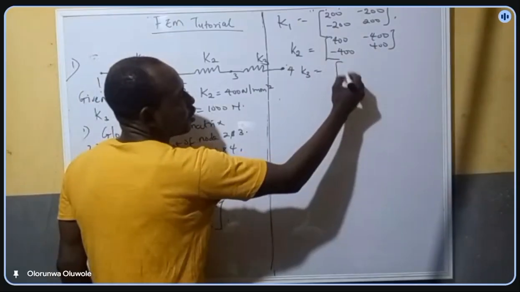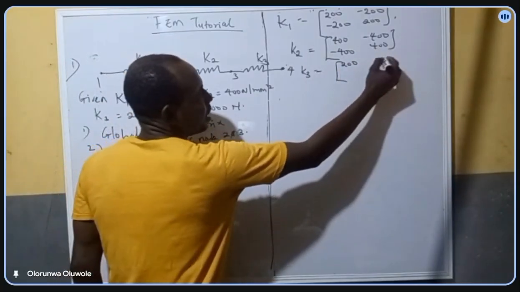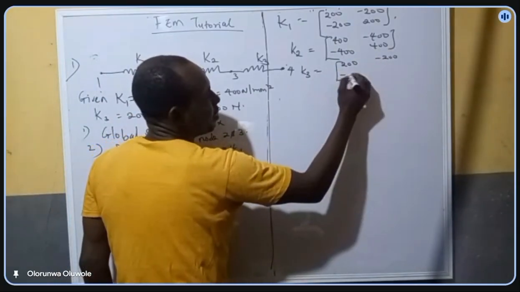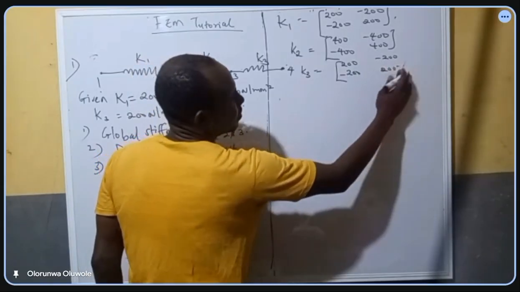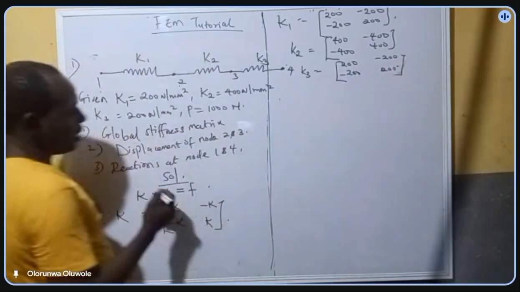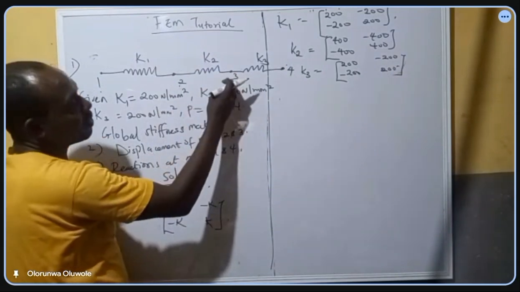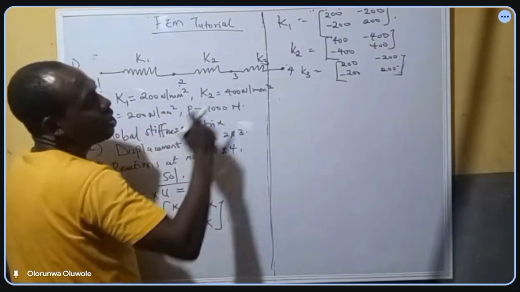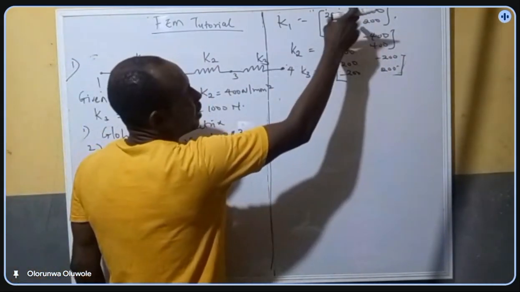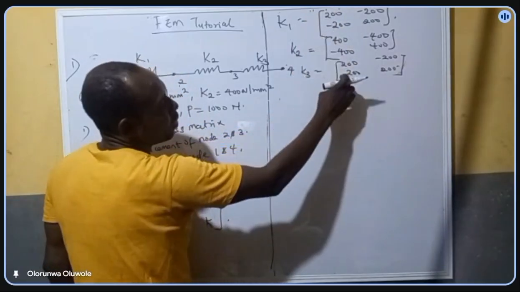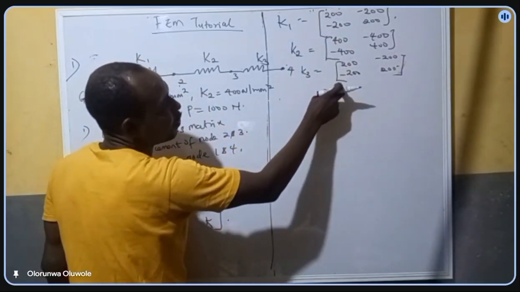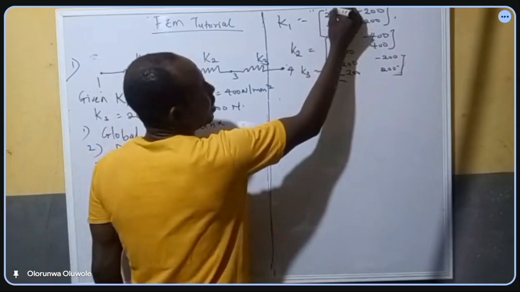So you have 200, minus 200, minus 200, then 200. Remember that K3 is between node 3 and node 4. This one is 1 and 2, this one is 2 and 3, while this one is 3 and 4. So you cannot have it this way.